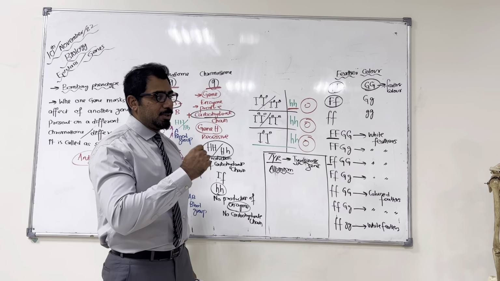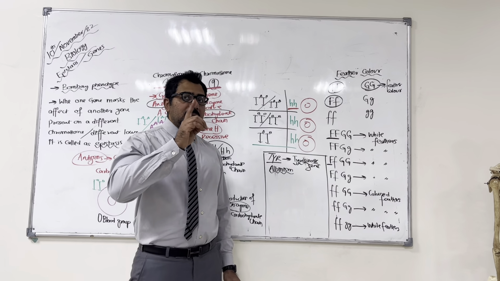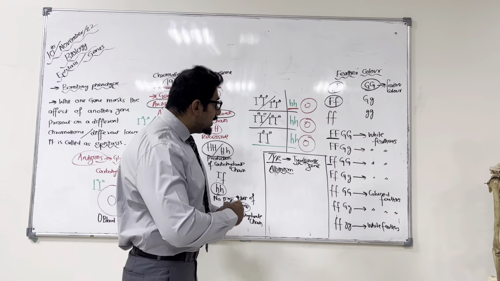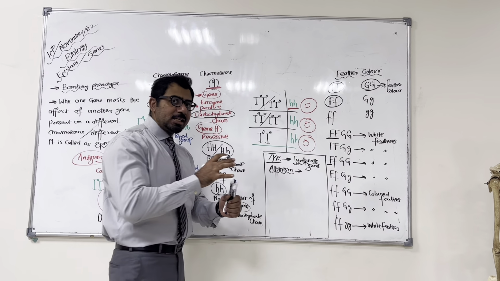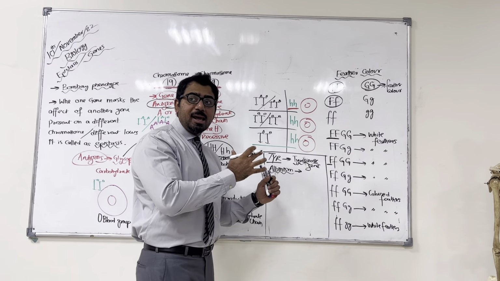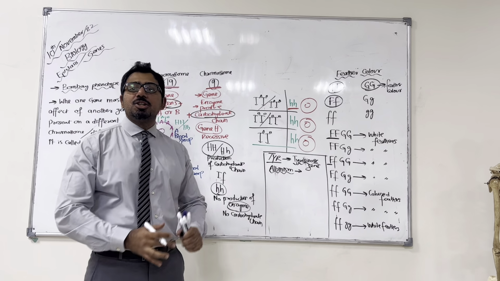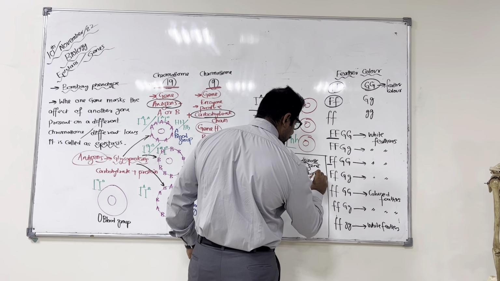Now, why does this happen? Let me tell you that in these people who are albino, this phenomenon is called albinism, and the person who is affected with this condition is called an albino.